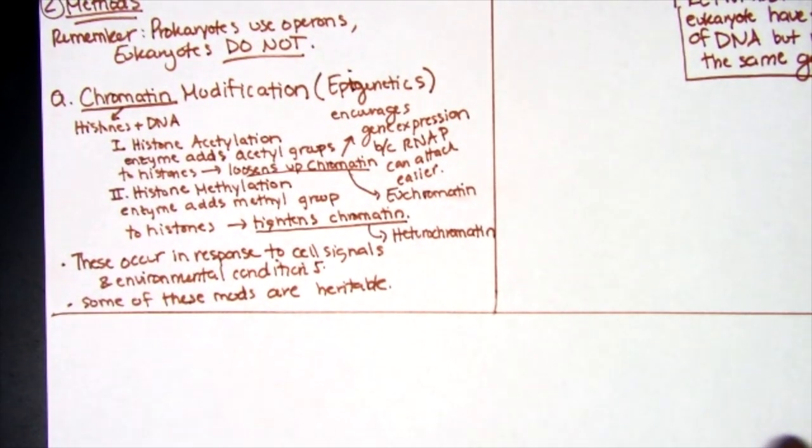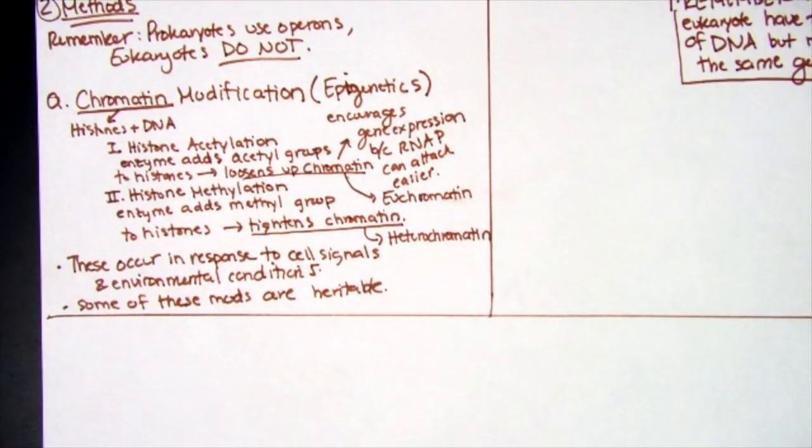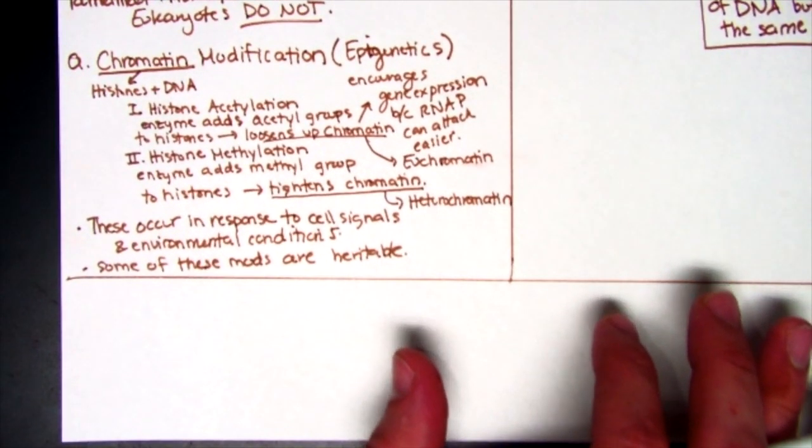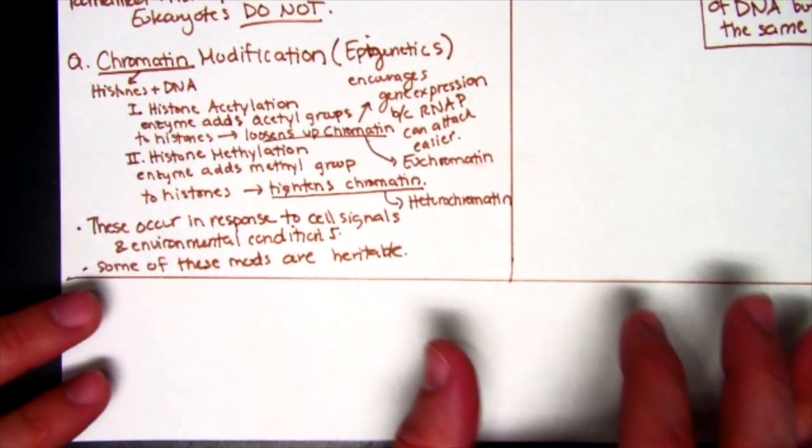What's that? No. We're going to talk about two other examples of methods. All right, let's come back together. So, epigenetic modification, chromatin modification, can influence gene expression.